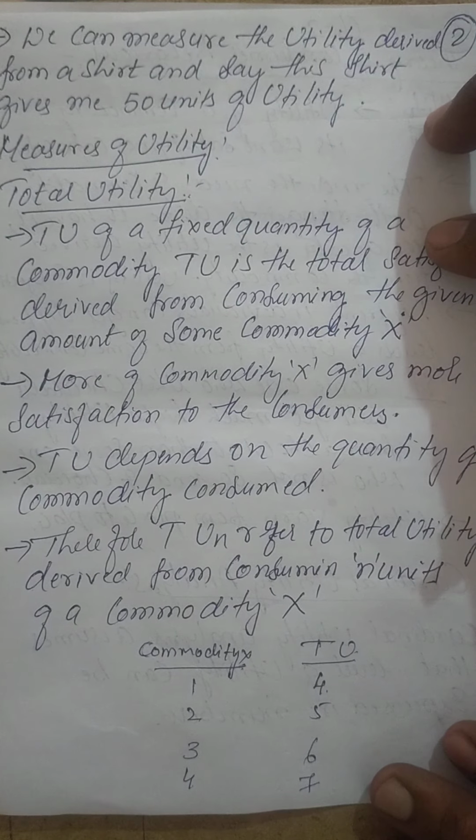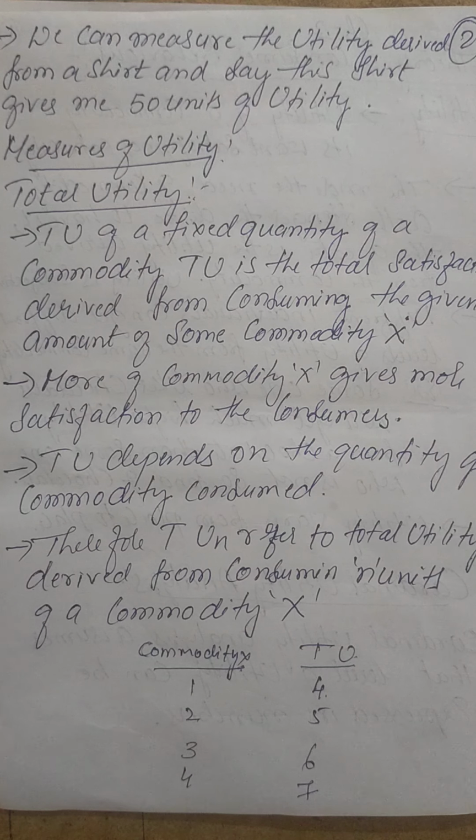To know this cardinal utility approach, we have also come across total utility and marginal utility, with which you can measure the utilities. These two, total utility and marginal utility, have a relationship.